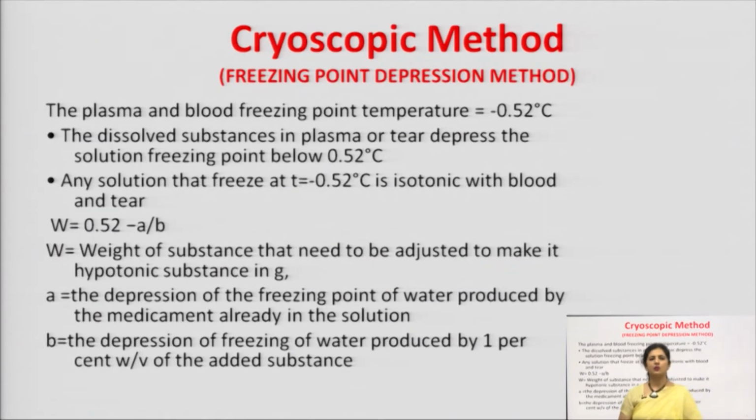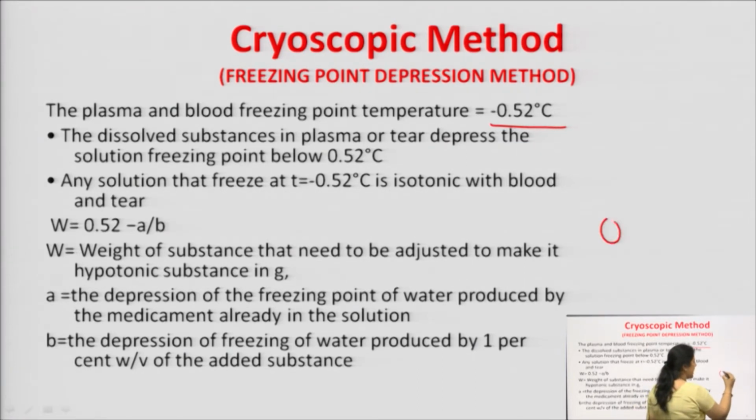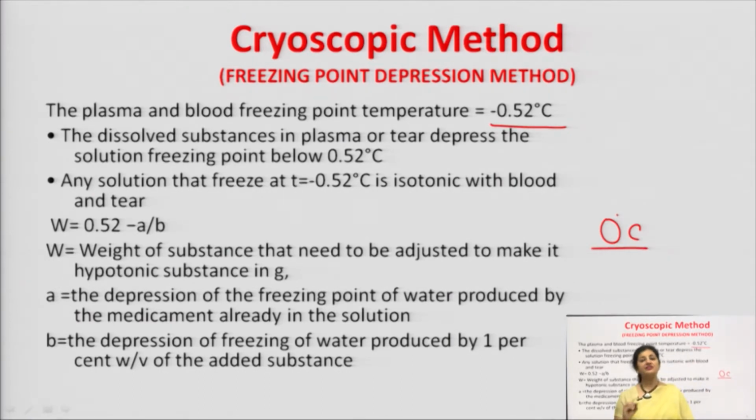First is cryoscopic method. It is also called the freezing point depression method. As I told you earlier, this depends upon the colligative property. The plasma and blood freezing point temperature is -0.52 degrees C. We know that water has a freezing point of 0 degrees C. Now, if we add any salt or any solute to the water, the freezing point is going to decrease further.